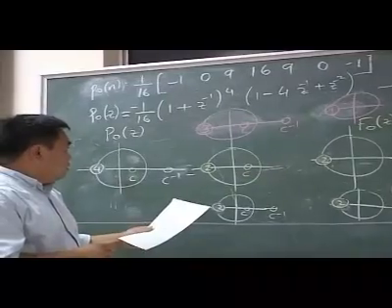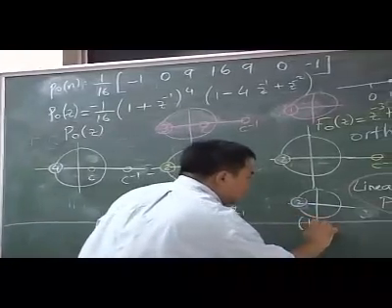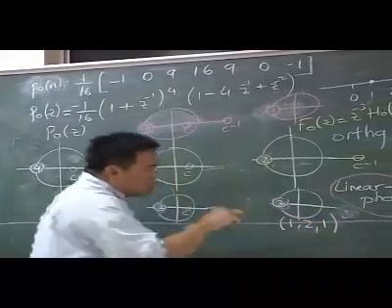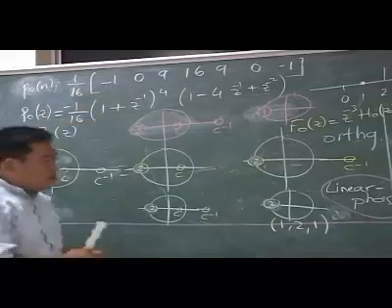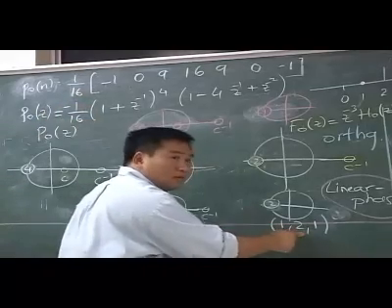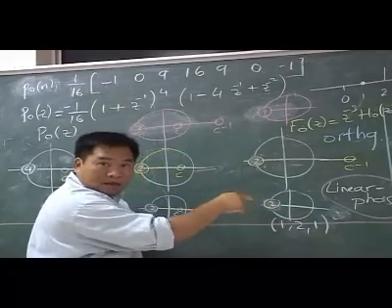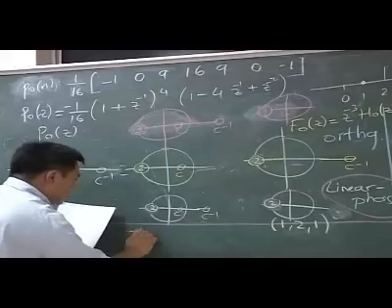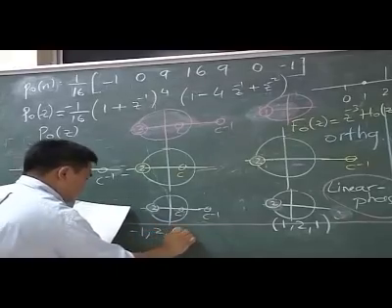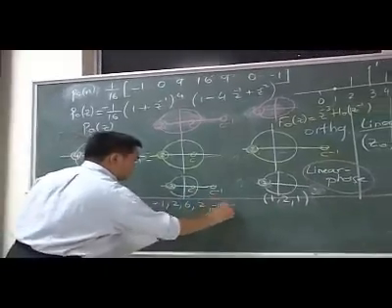So this one, the coefficients are 1, 2, 1. I'm ignoring the factor outside here. I'm just giving you the coefficients of your impulse response. It's 1, 2, 1, because this is 1 plus the inverse square. This one is -1, 2, 6, 2, -1.